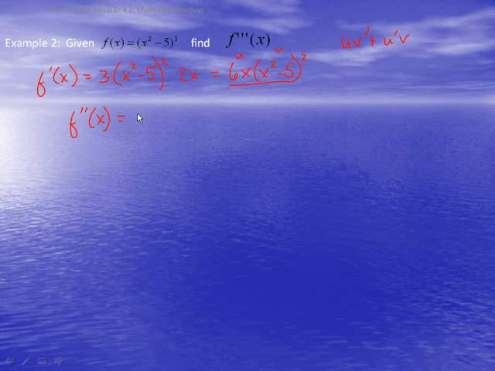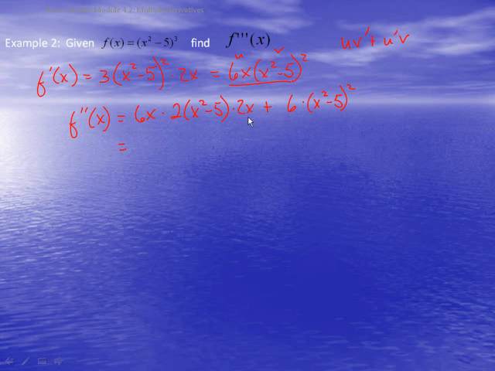So that's going to give us 6x times the derivative of the second one, which is 2 times x squared minus 5 times the derivative of the inside, which is 2x, plus the derivative of the first one, which is 6, times the second one, which is x squared minus 5 quantity squared.